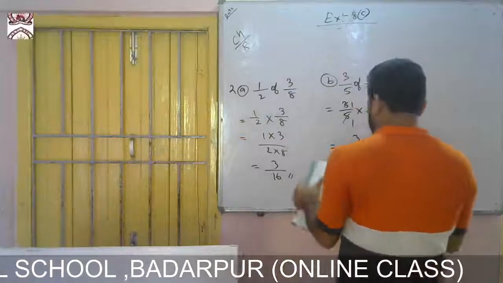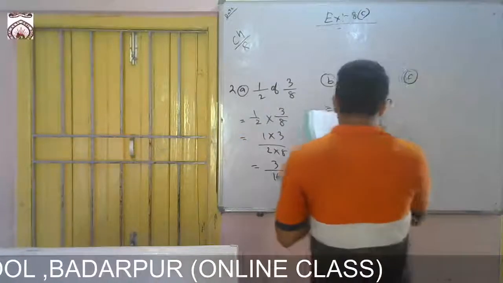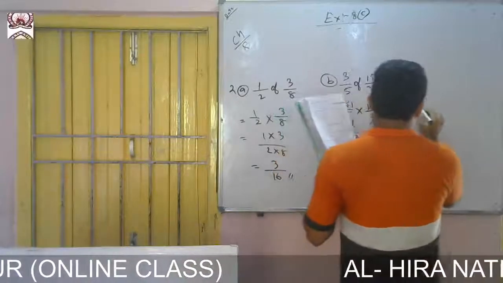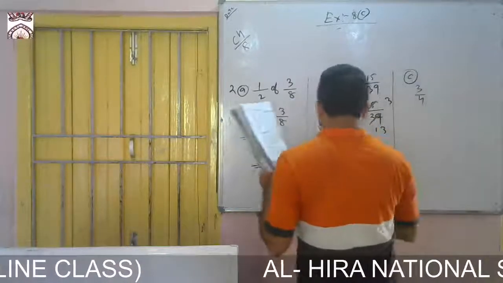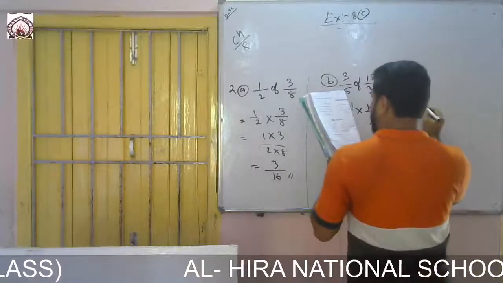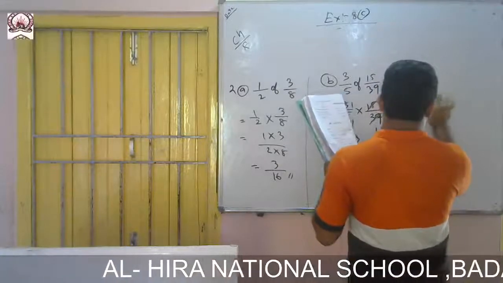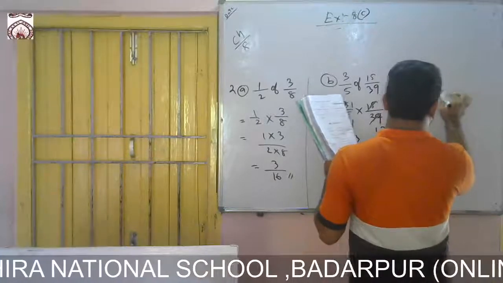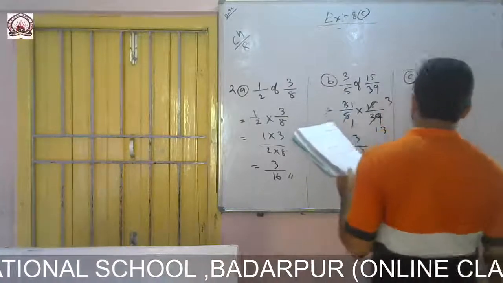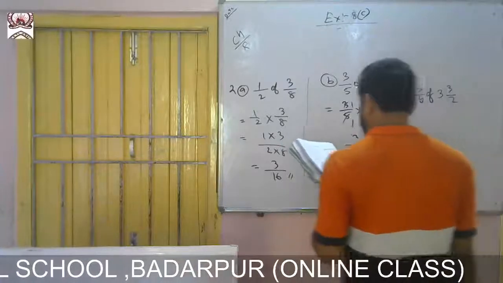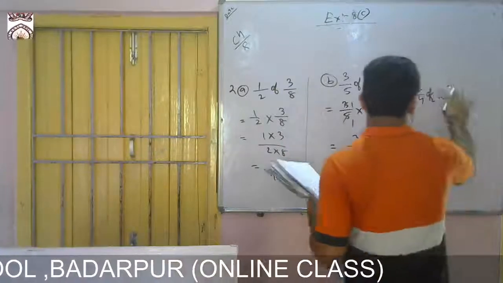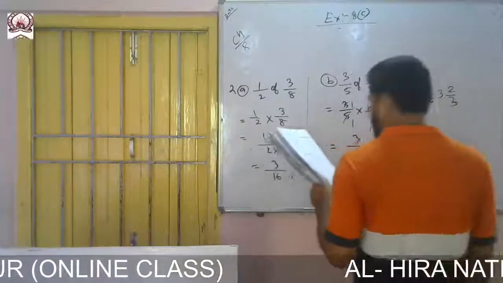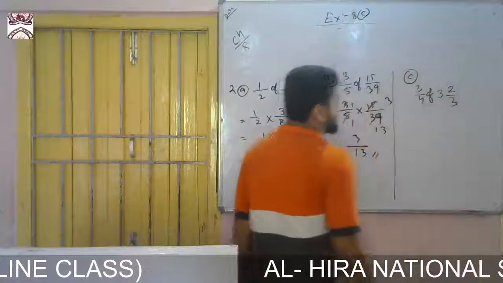Come to C. In C, there is 3 by 4 of 3 2 by 3.